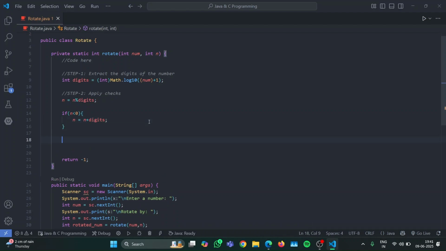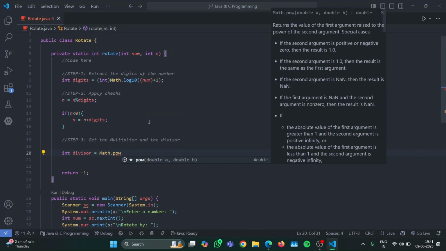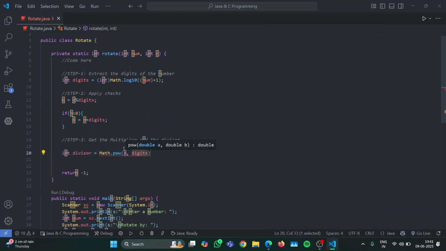Now apply the logic. First of all, we have to get the multiplier and the divisor. So int divisor is nothing but math.pow, our divisor is 10 to the power number of rotation, which we had as 10 to the power k over here.